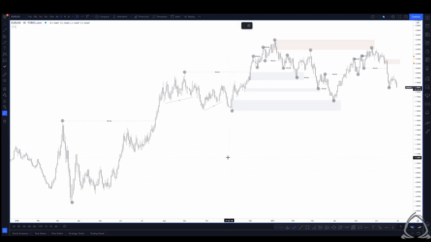One thing I wanted to add before we get into this too much is that although in the previous video we discussed supply and demand and the application to it, having demand being respected and supply failing for uptrends and supply being respected and demand failing for downtrends, one thing that should also be stressed is that the supply and demand zones may not necessarily appear or be as present on one particular time frame, and this is where the fractal nature of the markets really comes into play.